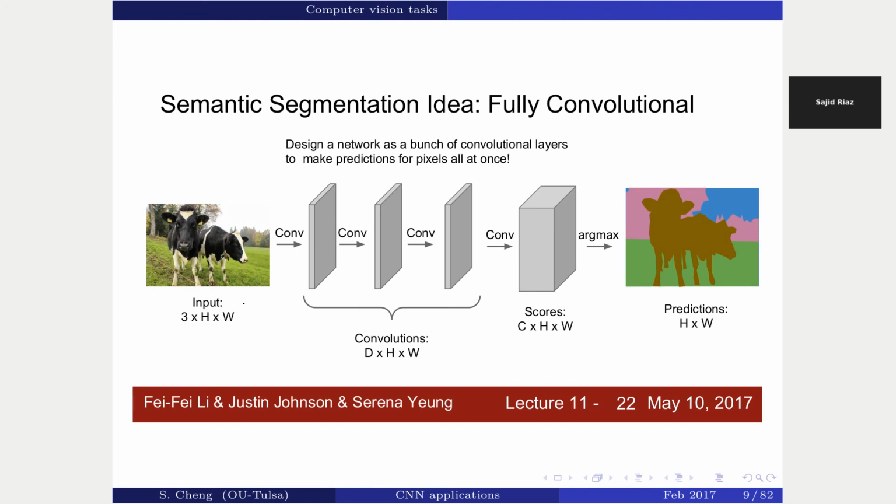The depth should be equal to the number of classes. If I do it naively, I can have same-size conv layers over and over again. But the problem is that this is very expensive. All this operation is very expensive.